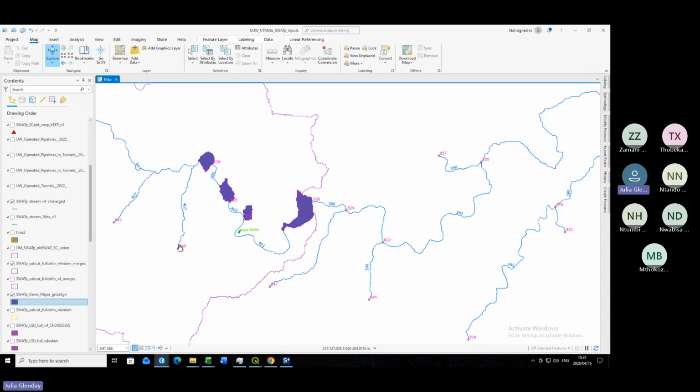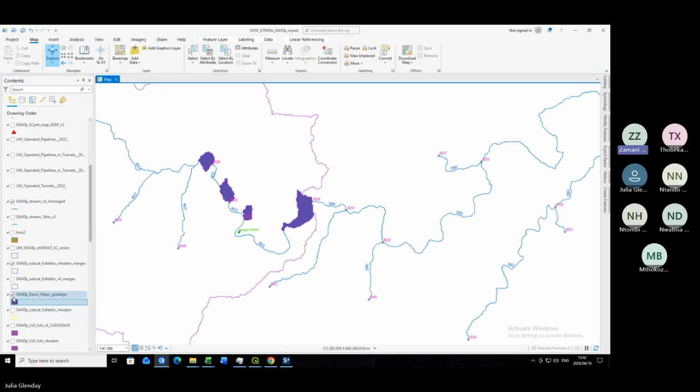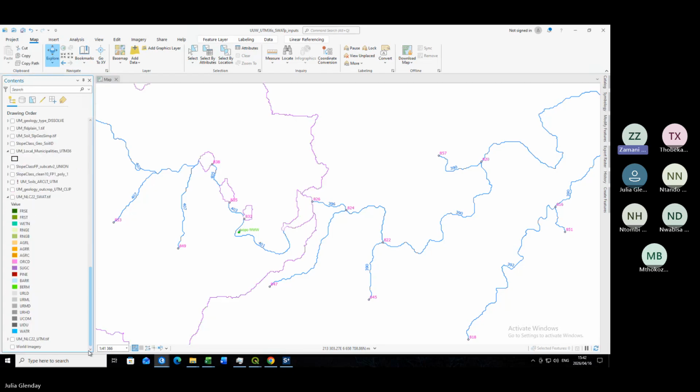If anybody's trying to speak, they're muted. Okay. Not hearing anything from anyone on this one. Zamani, please just feel free to unmute yourself and talk. I think Nwabisa is on the call. She frequently visits this area, but the lowest dam is the Home Farm dam. This one.